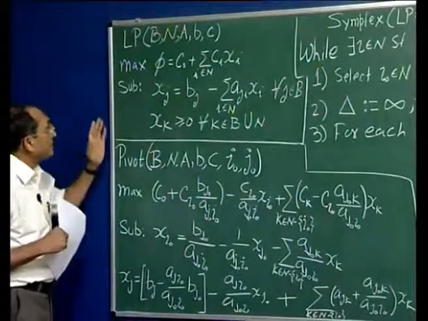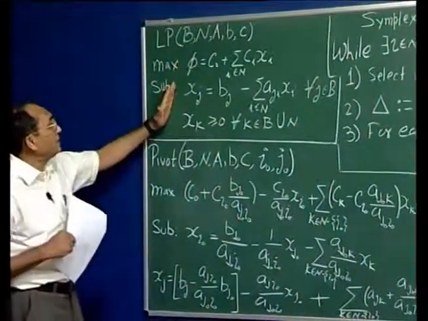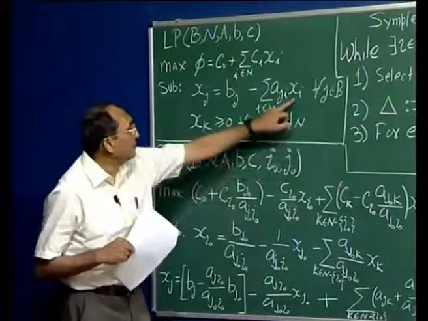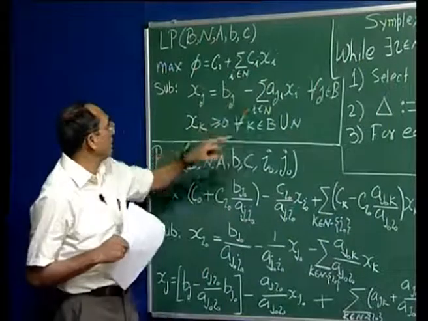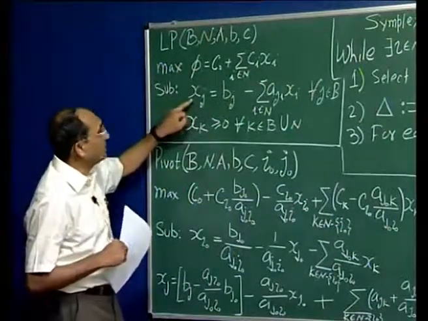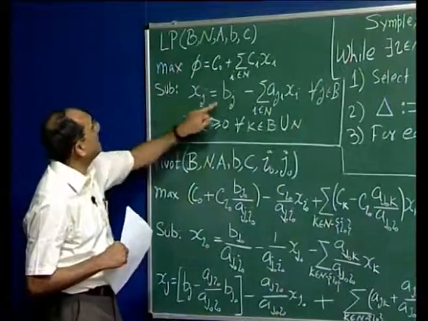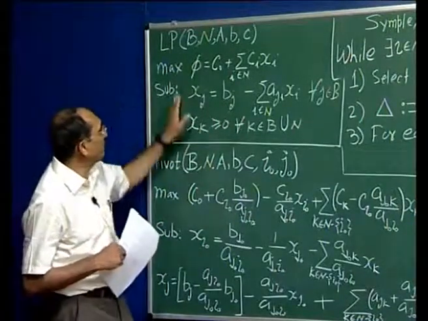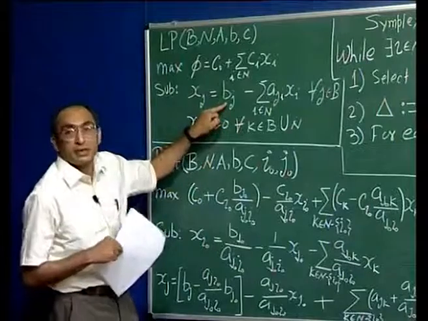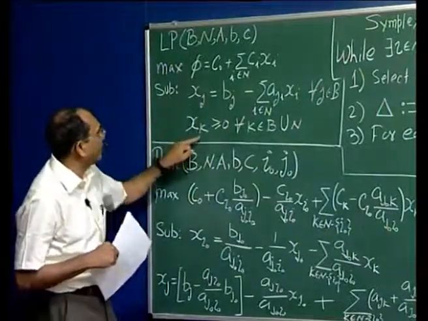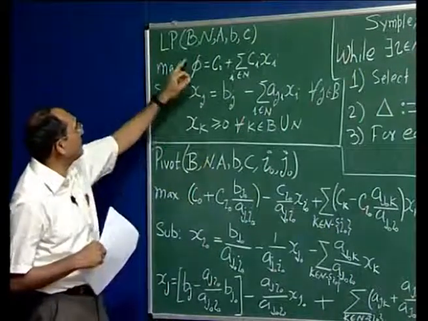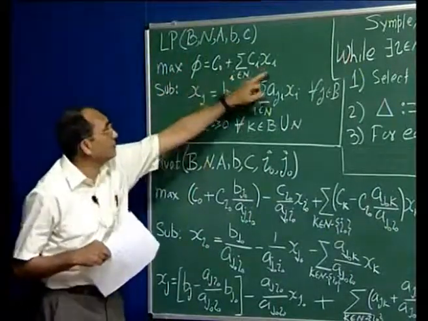Recollect that the basic solution is one in which we set all the N variables to 0. So, these are all zeros, and the B variables, namely xj, are equal to bj. The basic solution is feasible if all these bj's are non-negative, because that is our requirement here. And in the basic solution, the objective function takes value C0, because this is gone.